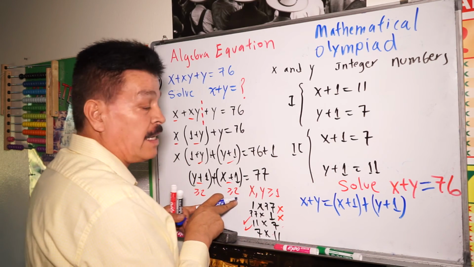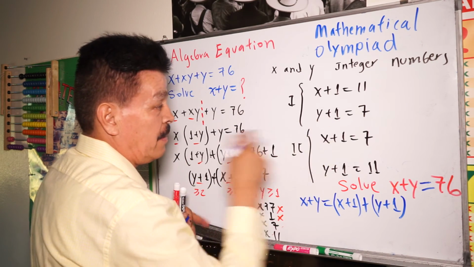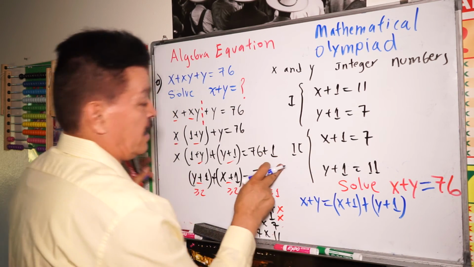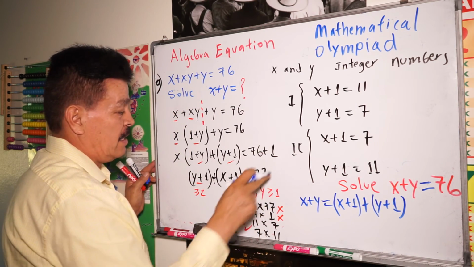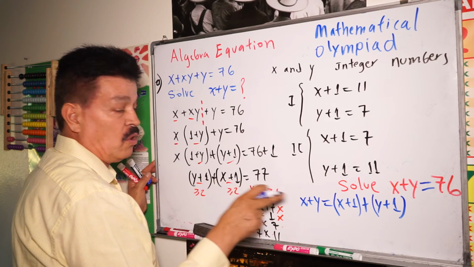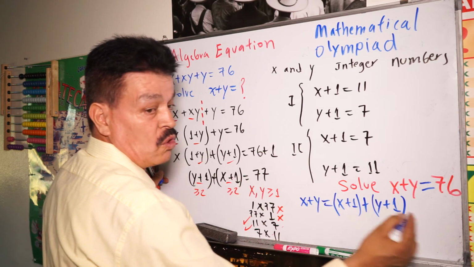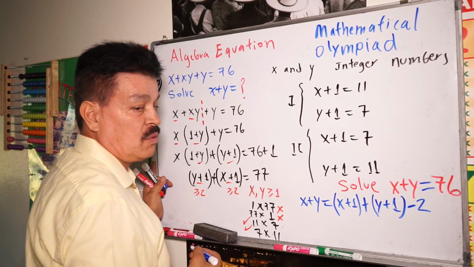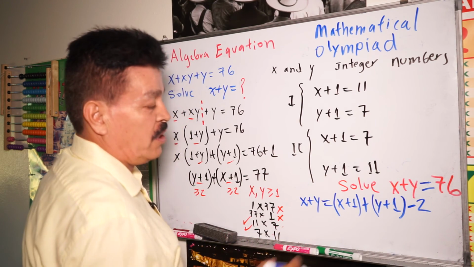Remember, greater than 2: we added 1 in both, so it must be 2. So now subtract that number, so you subtract 2 here.